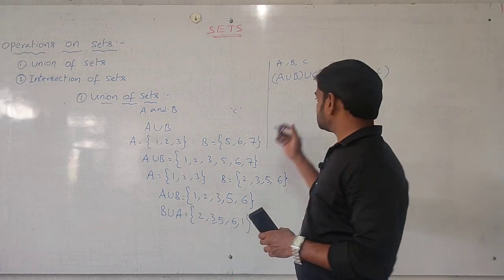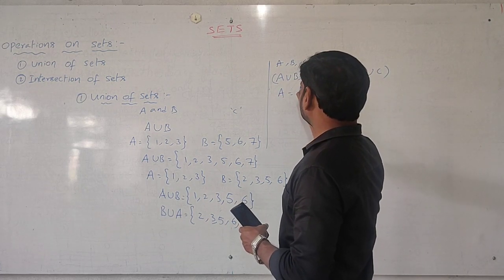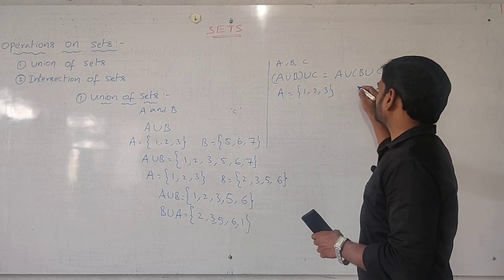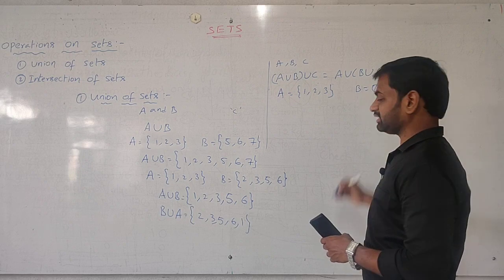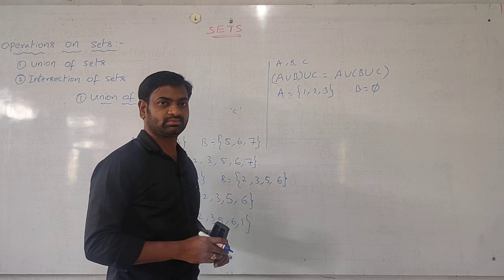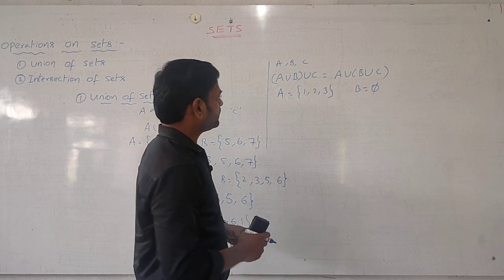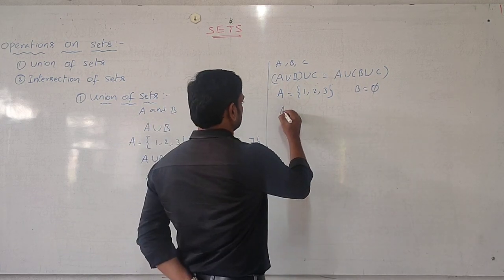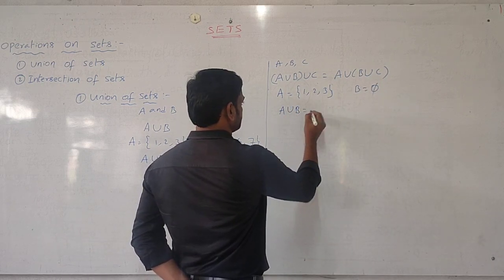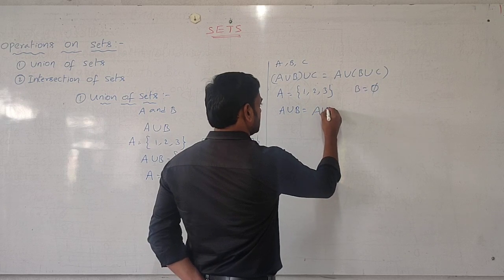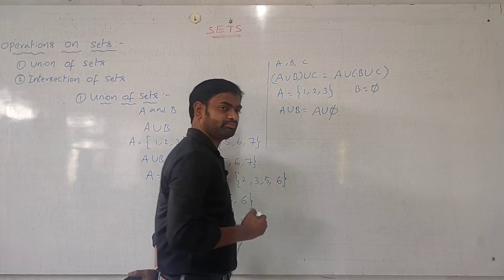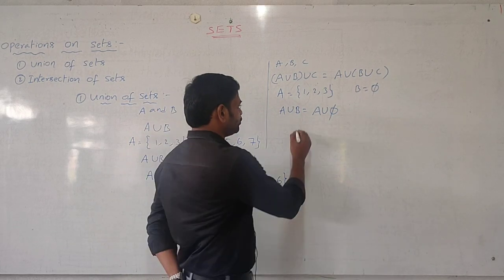Next one. See here. Capital A equals, I am taking {1, 2, 3}. Suppose capital B is phi, I am taking. Phi means empty set. Now what is A union B? B means phi.